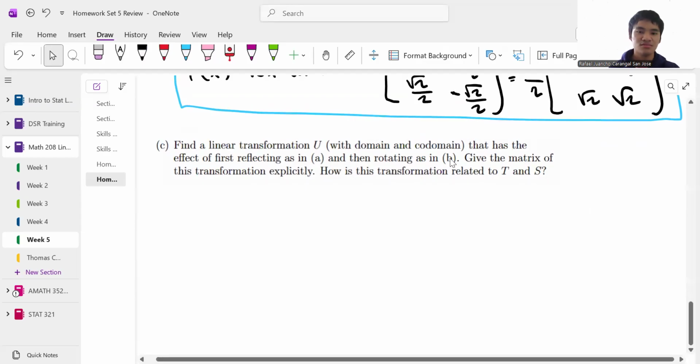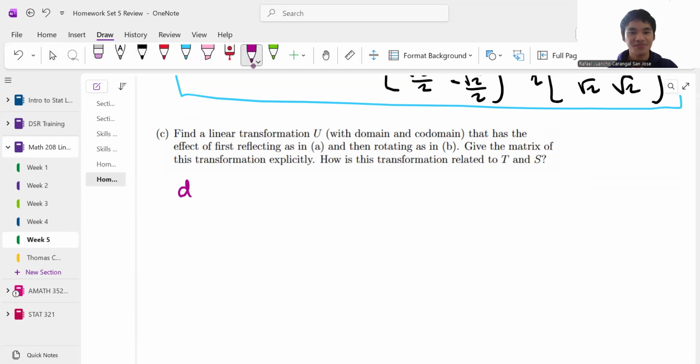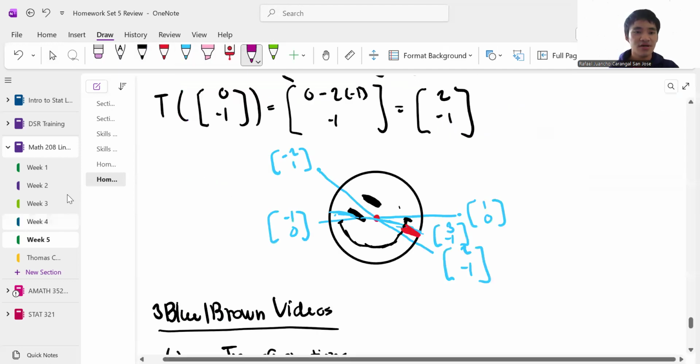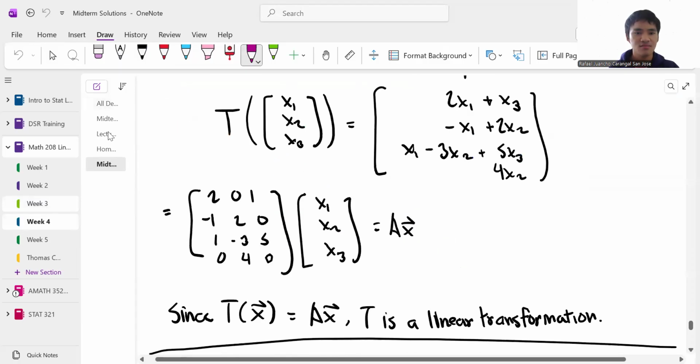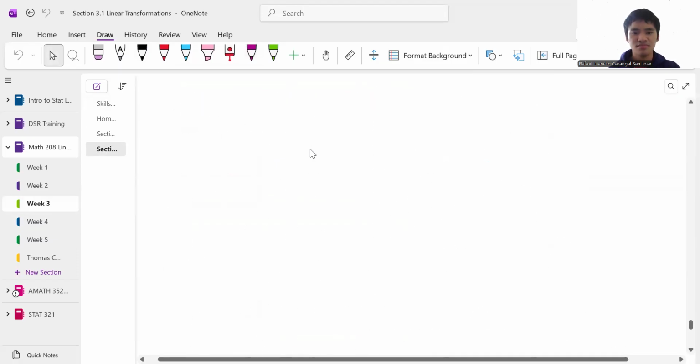So again, what is domain and codomain again? Well, if we look at our section, because I also forgot, I haven't seen that one in a while. It's probably here. It's one of the basics of a linear transformation.